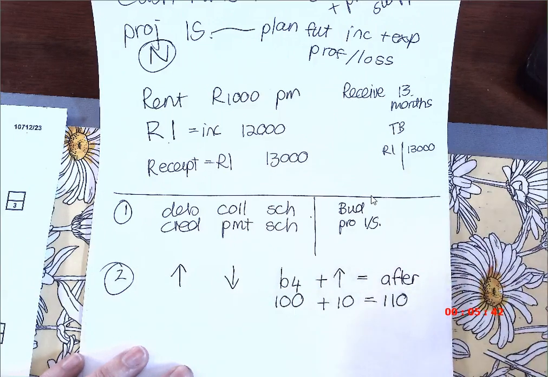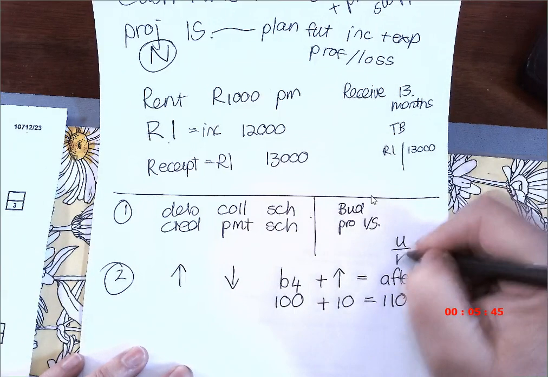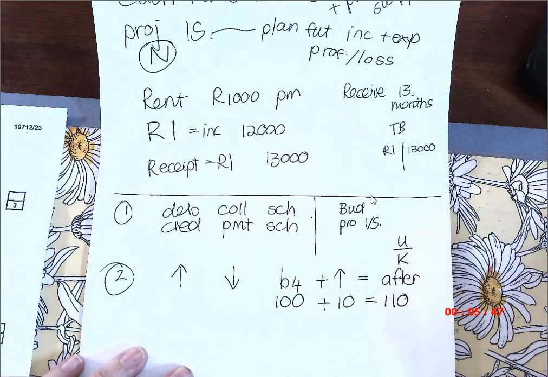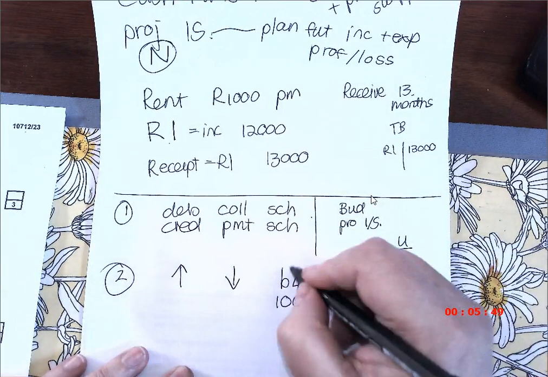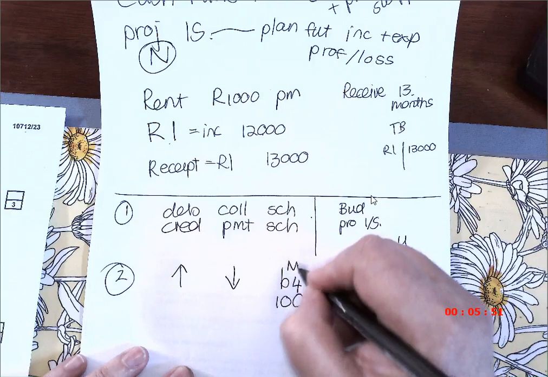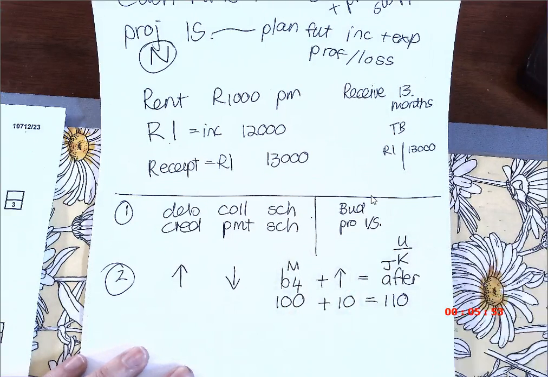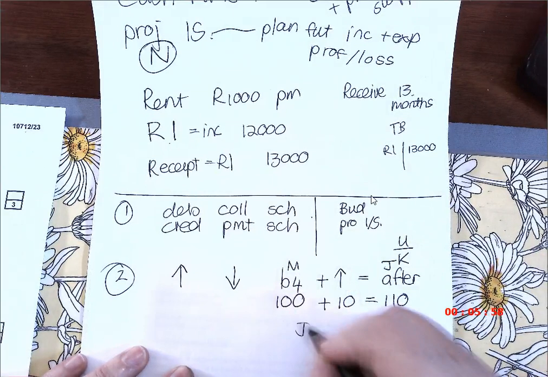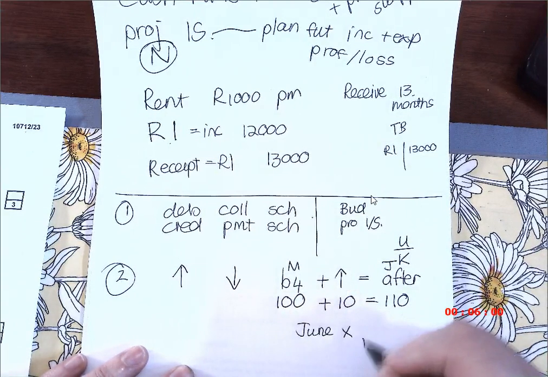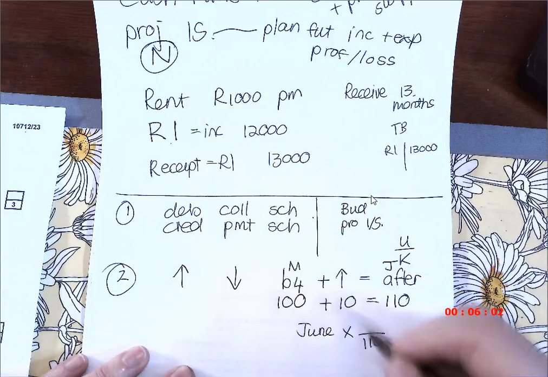Now the question is, which one are they asking? If they give me, for instance, May and June, now they give me June, now I know June is 110 and May is 100.